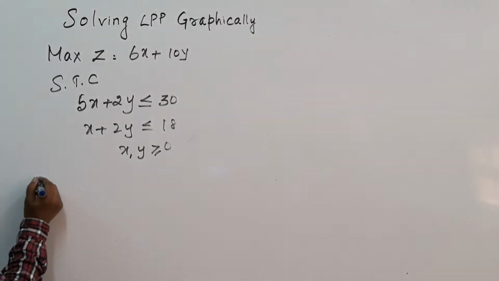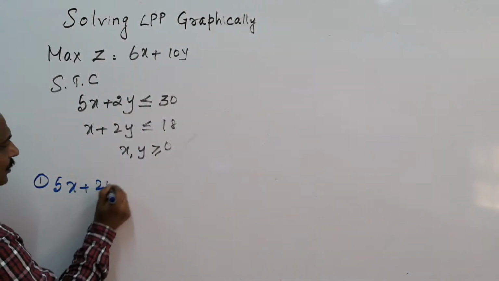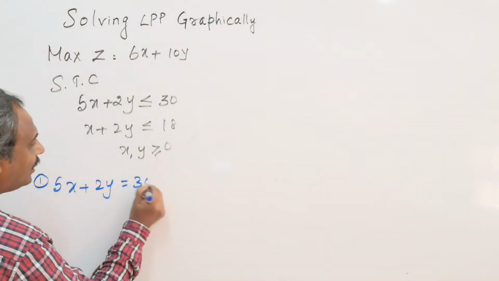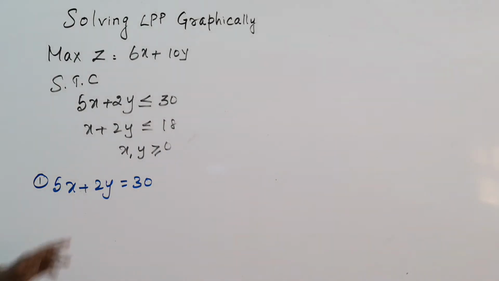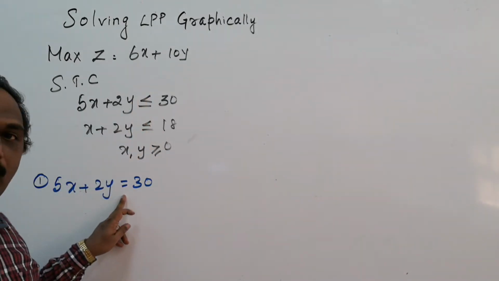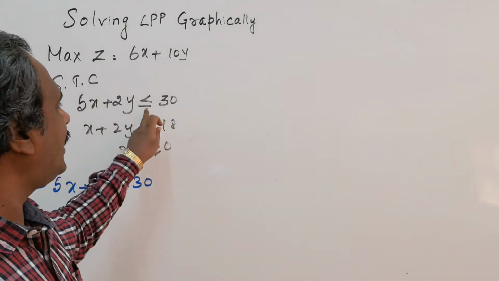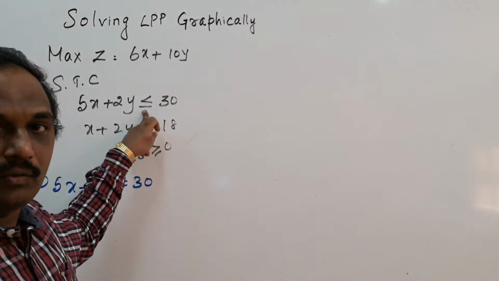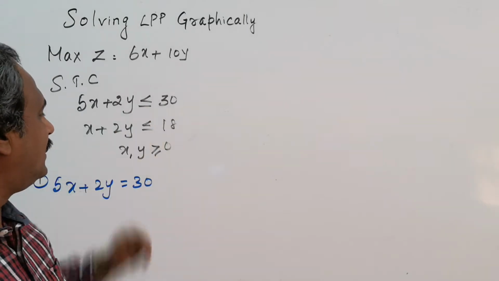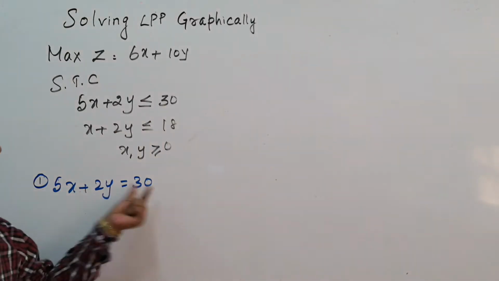When we have an equation, I am going to consider the equation 5x plus 2y equal to 30. I don't want to take the inequality now, I am just considering the equality. I will draw the diagram, and after drawing it, I will take the less than or equal to.